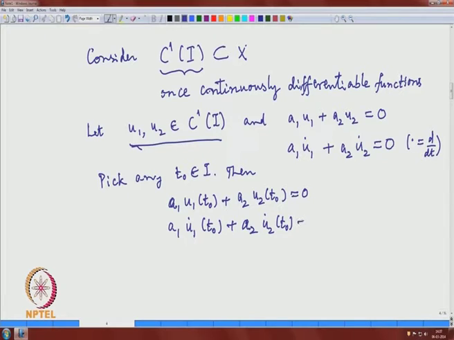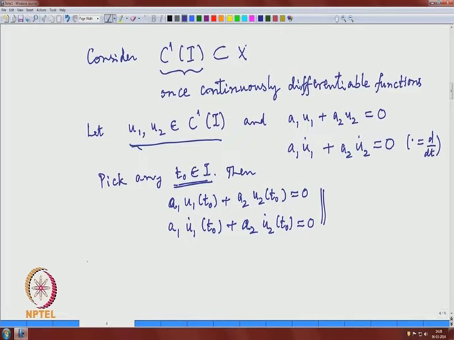So, unlike in the previous situation, now just one point will do, and we are getting again two equations, and from this we would like to conclude a1 equal to a2 equal to 0, and for that this coefficient matrix should be non-zero.